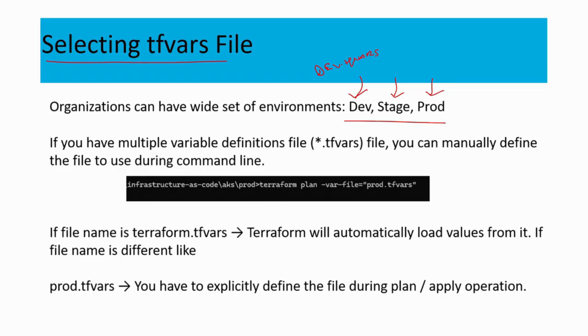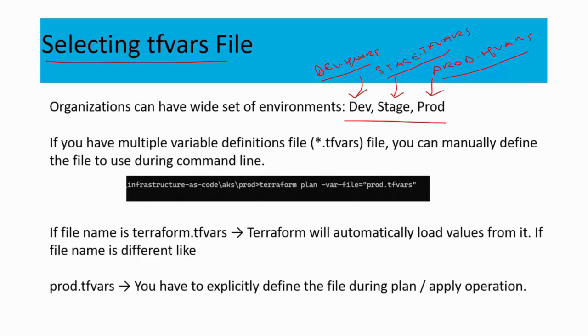In the same way, we are going to have stage.tfvars and prod.tfvars. In dev.tfvars, we pass whatever variable values are related to the dev environment. For the stage environment, we pass the stage-related values for the variables, and the same way for prod.tfvars.